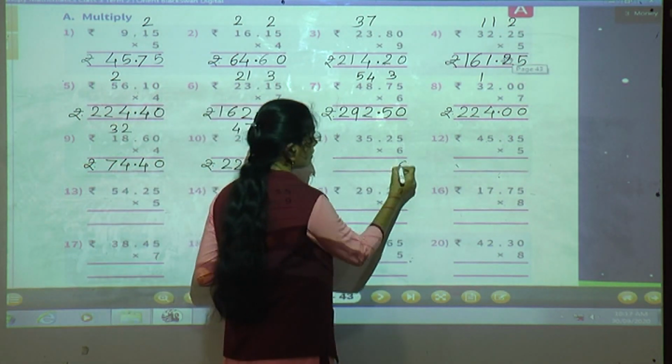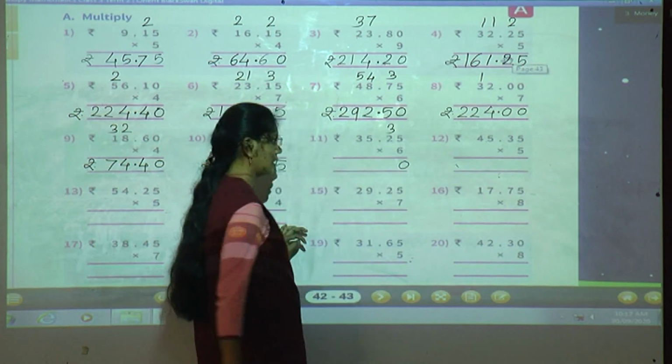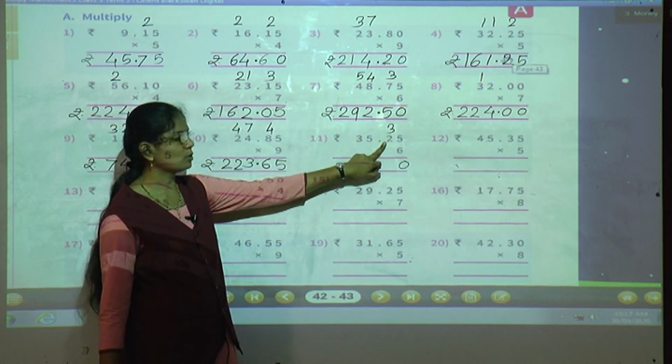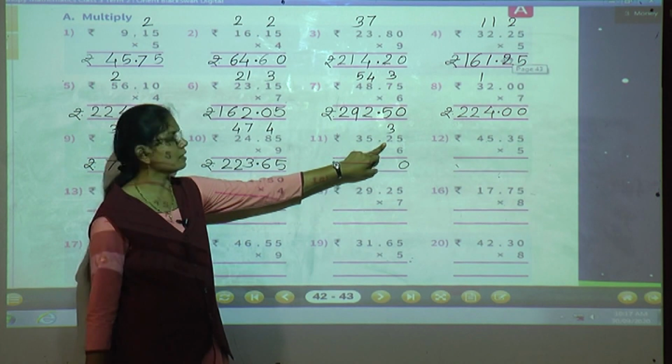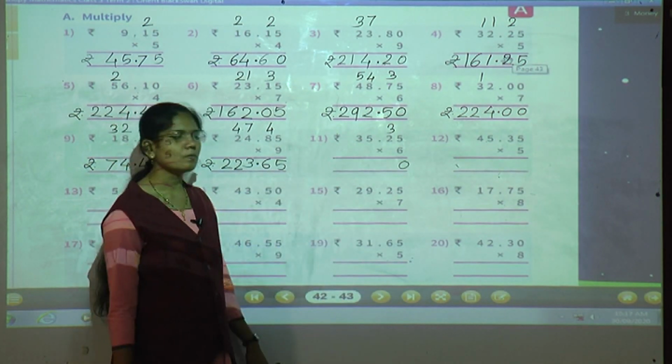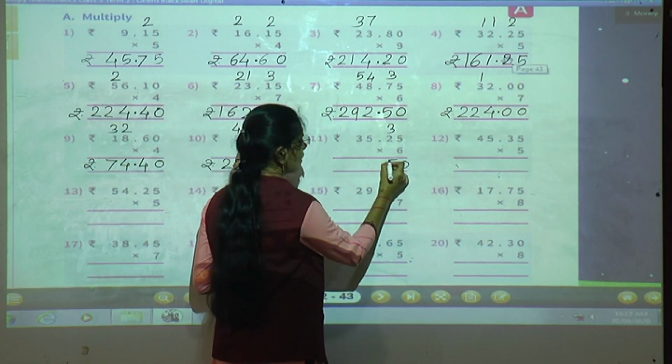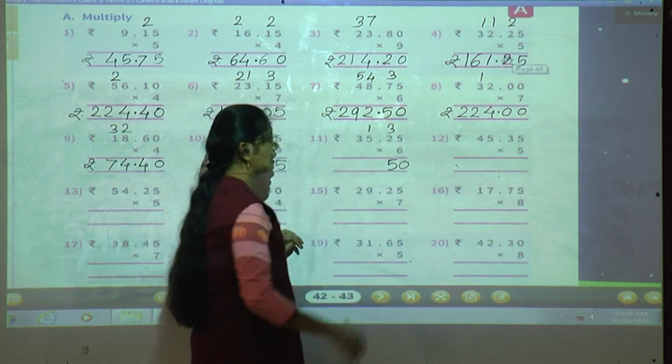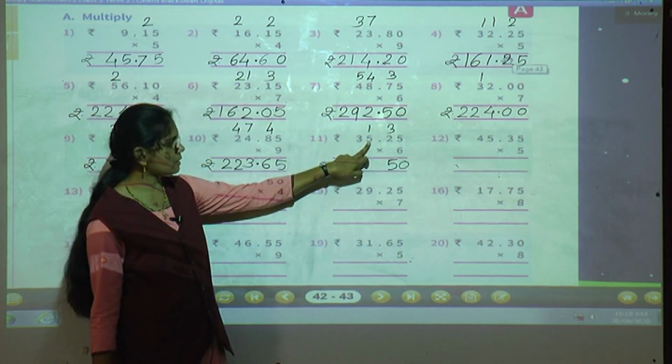So here we'll write 0 and 3 as a carry. Then 6 into 2, 6 2s are 12, 12 plus 3 is 15. So here we will write 5 and give 1 as a carry to the next place.